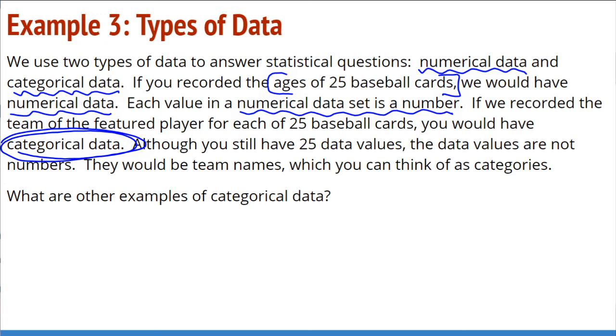So although we would still have 25 data values, even though we'd have 25 different answers, the data is not numbers. It is these categories, these labels that we put on it. They would be the team names. Each of those would be a category. We'd have a pile for the Red Sox, a pile for the Blue Jays, a pile for the Cubs, a pile for the Astros, and a pile for the Mariners. So we'd put them into categories.